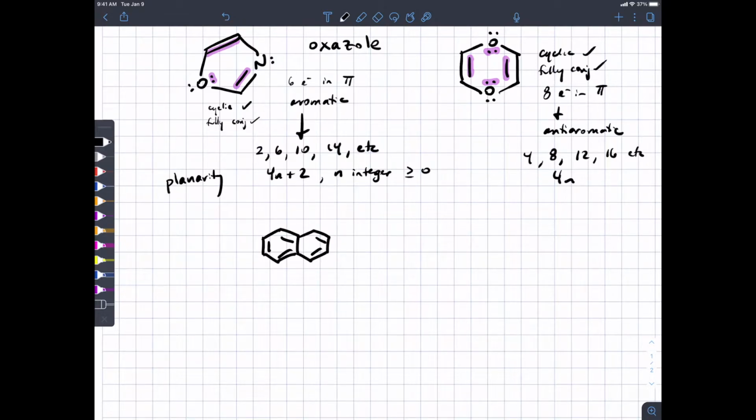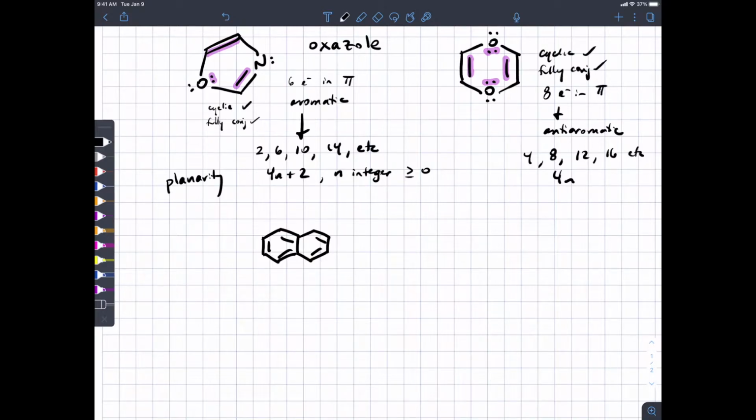Now, your text lists planarity as sort of a criterion for aromaticity, and it is, but it's actually more of a consequence of aromaticity. That is, molecules that are aromatic will be planar. Molecules that cannot be planar cannot be aromatic, but I'm struggling to think of a molecule that would be otherwise aromatic that just loses on a technicality because it can't get planar. There probably is an example of that, but I don't know it.